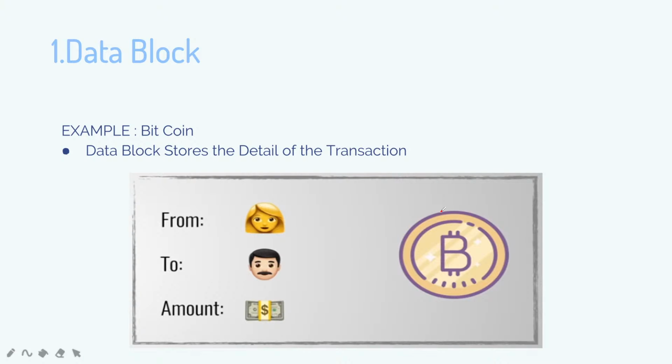I am transferring 15,000 to my friend ABC. So this is one data. This data will be stored with all the persons inside the blockchain community. My data will be shared with all the persons.